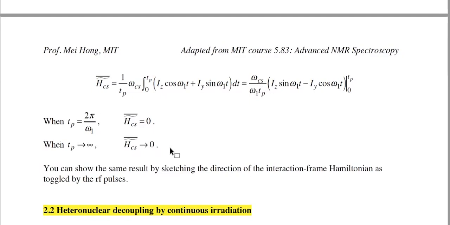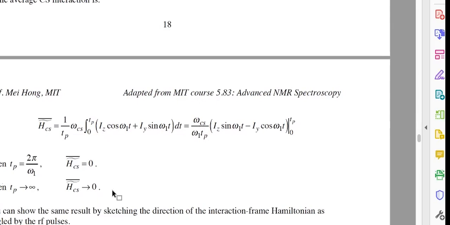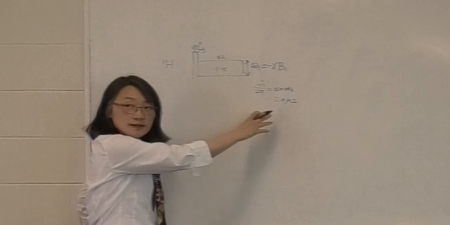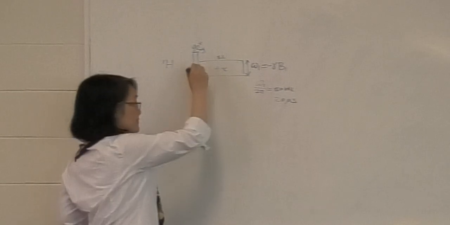Let me just give an example. Suppose omega 1 over 2 pi is 50 kilohertz. The cycle time due to this is 20 microseconds. You normally would apply spin lock on the order of a few milliseconds, hundreds of microseconds. So you would have tens, if not hundreds, of these basic units.